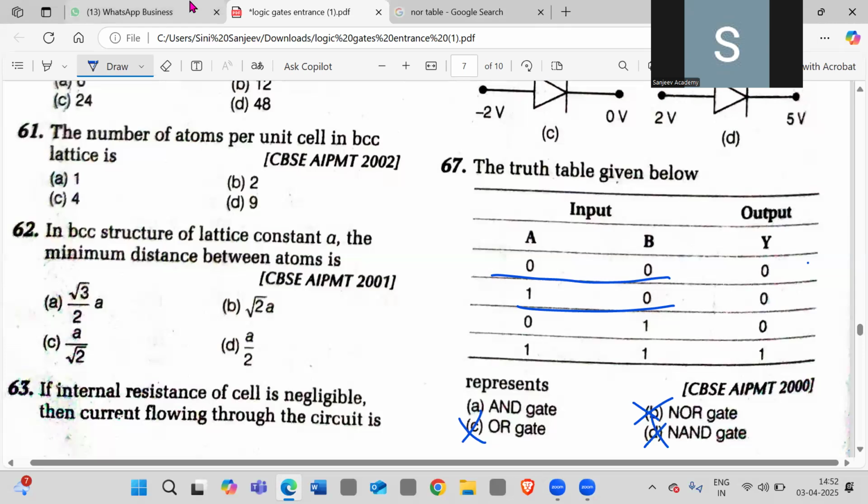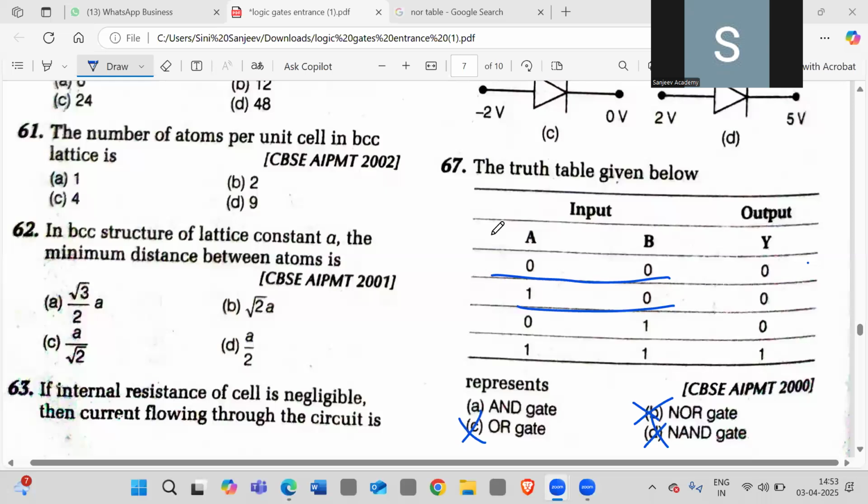Yes. Correct. Very good, Nikhil Hasani. Pranav, good. At least you tried it. NOR gate is what, Pranav? NOR gate is nothing but what? Second. What happened? NOR gate is 0 plus 0, 1.